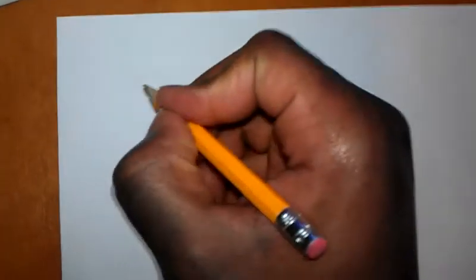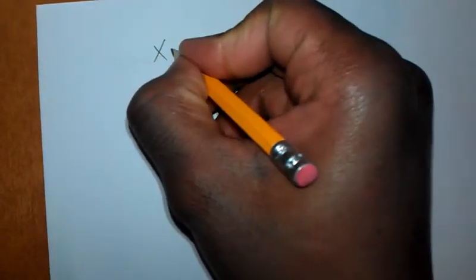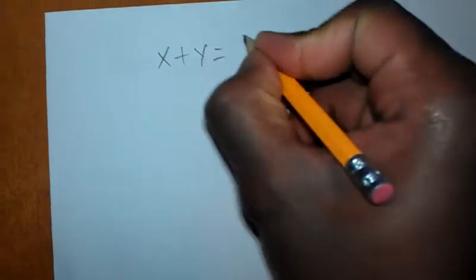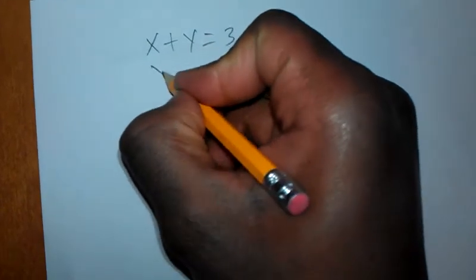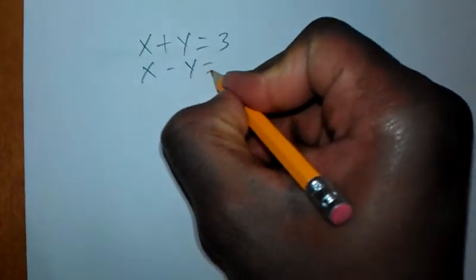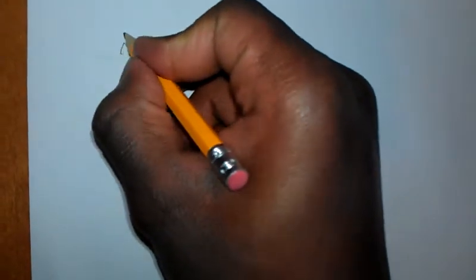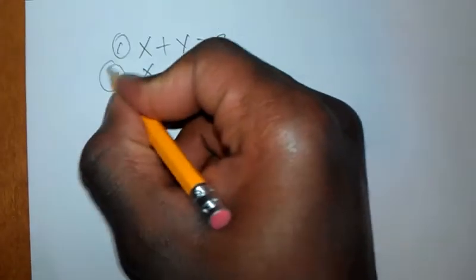When working with a system by substitution, I think of this as two equations: x plus y is equal to 3, and x minus y is equal to 5. I think of these as equation 1 and equation 2.